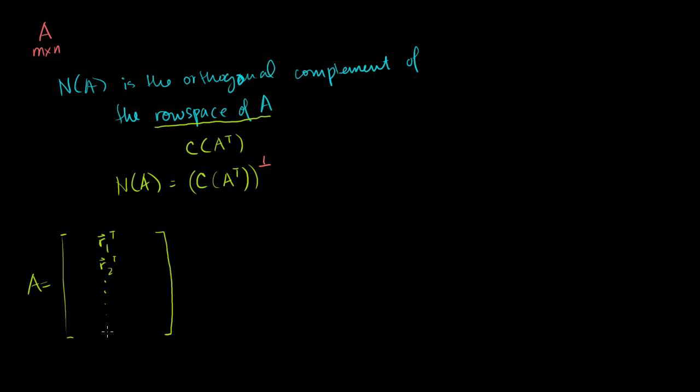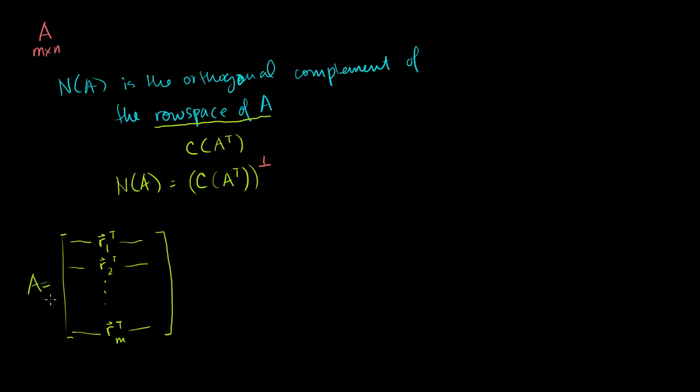We have m rows, so you're going to get Rm transpose. Don't let the transpose part confuse you. I'm just saying that these are row vectors, the transposes of column vectors that represent these rows. If it's helpful, just imagine this is the first row of the matrix, this is the second row, and so on and so forth.